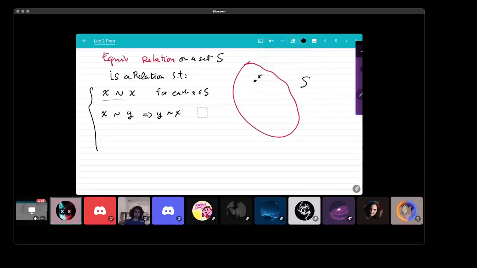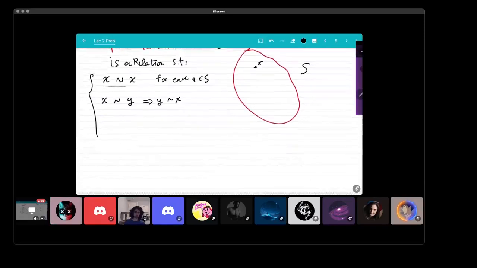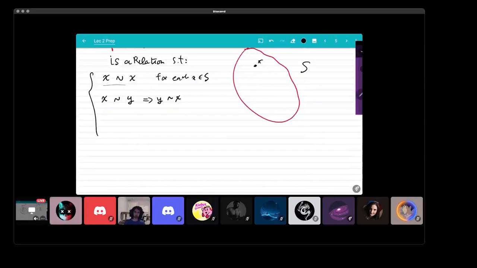So if you say A is similar to B, you can deduce that B is similar to A. I think it might not be obvious why this does not hold for any relations in general. I can't really find a counterexample.